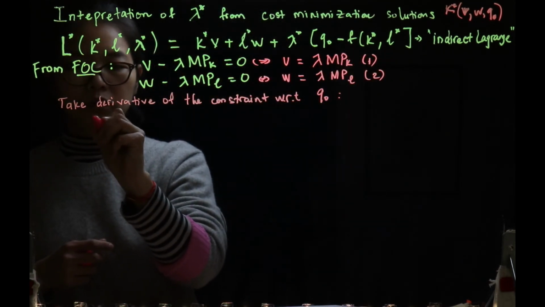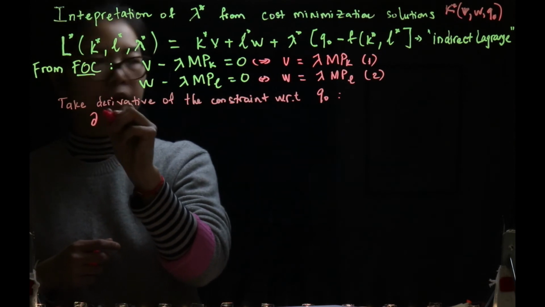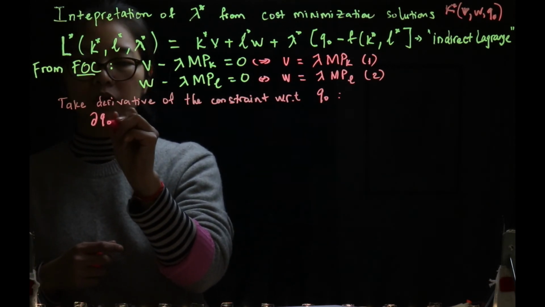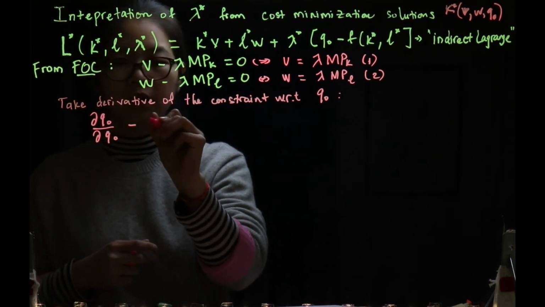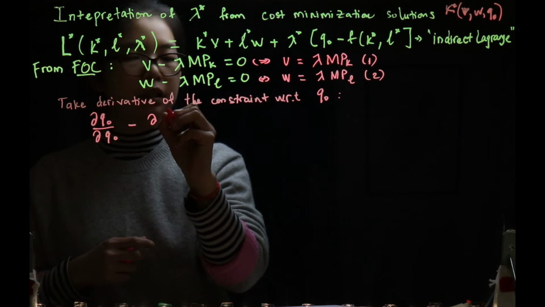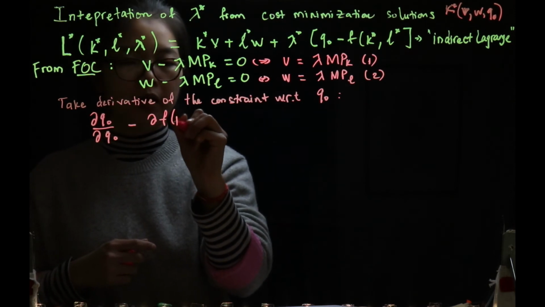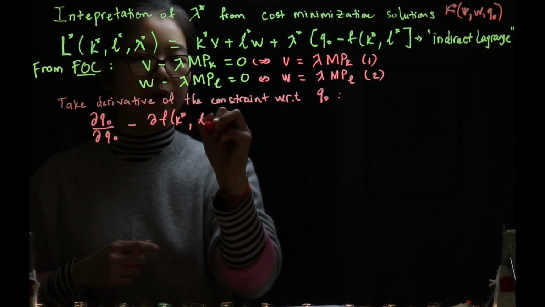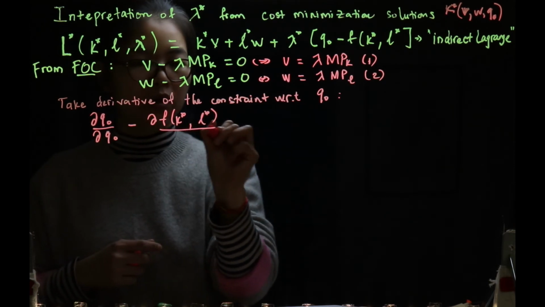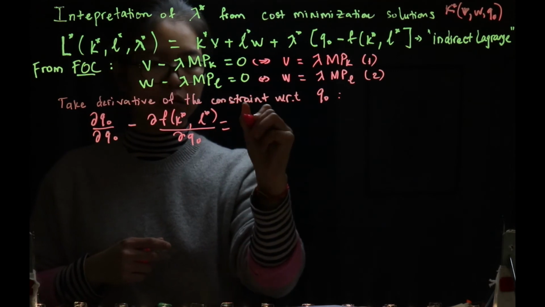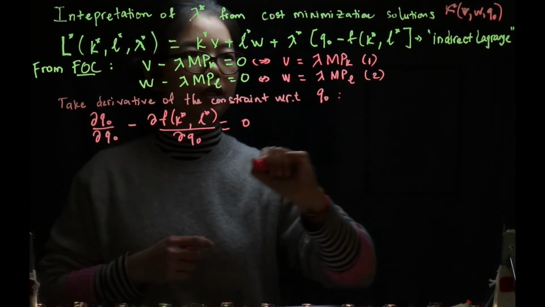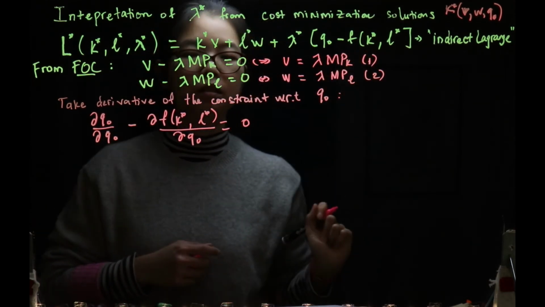So you will have dQ0 with respect to itself minus df(K star, L star) with respect to Q0 equals 0, because the constraint is 0.